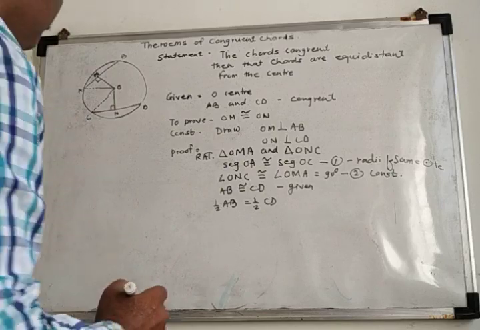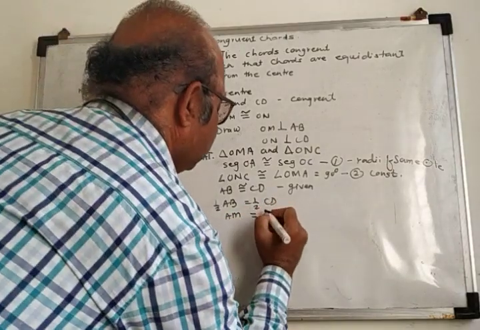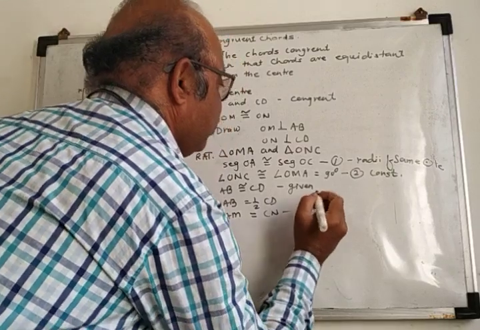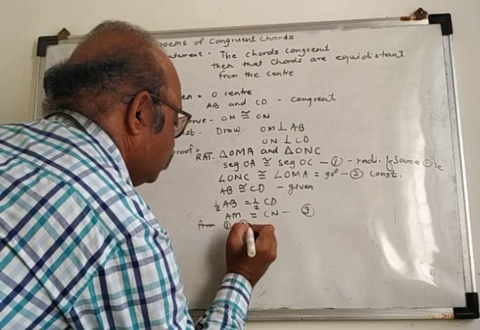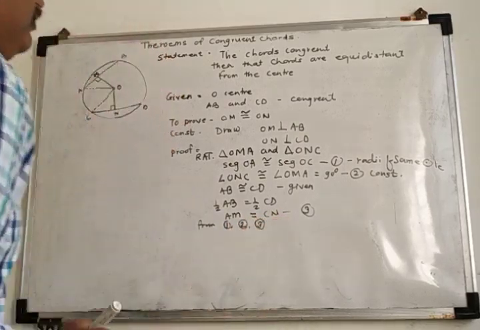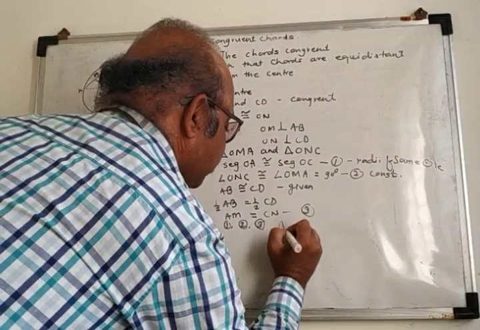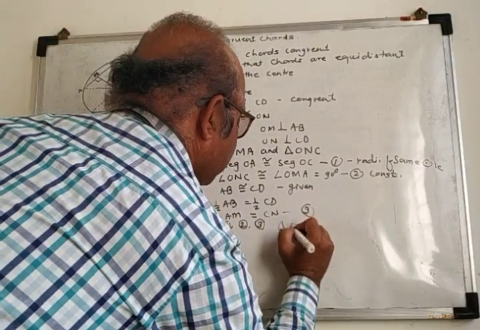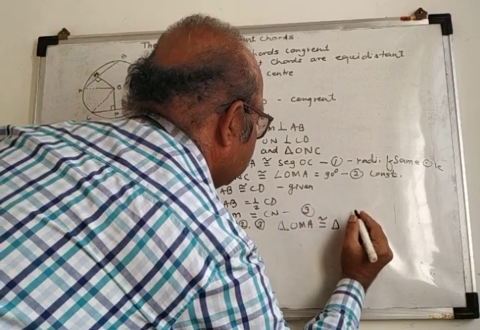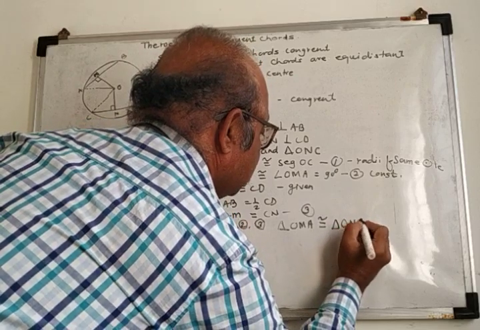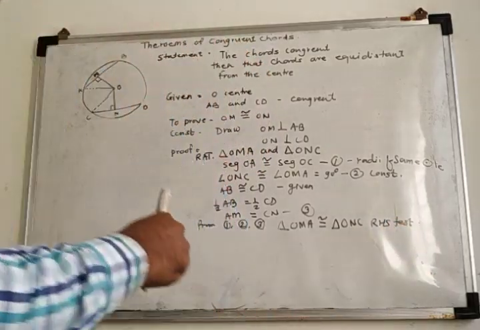Half of AB is nothing but AM, and half of CD is nothing but CN. So this is the third equation. From equations 1, 2 and 3, we can say that triangle OMA is congruent to triangle ONC by the RHS test, or the hypotenuse-side test.